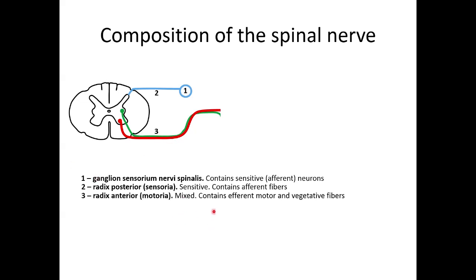So it's written here that radix anterior is mixed because it contains two types of nerve fibers: vegetative, preganglionic, efferent, and motor for skeletal muscles.